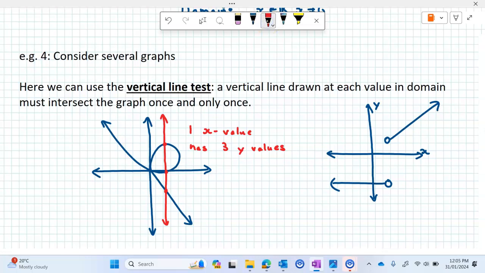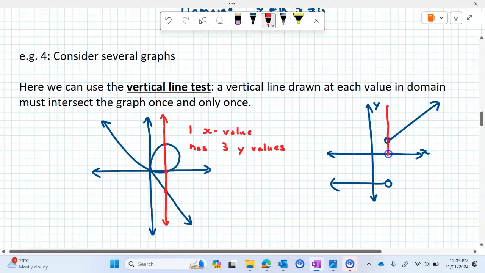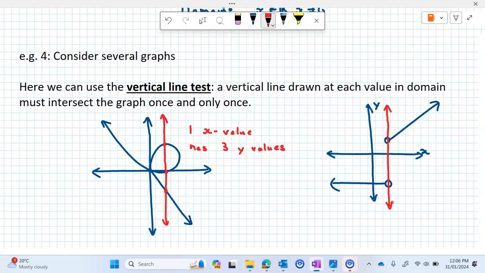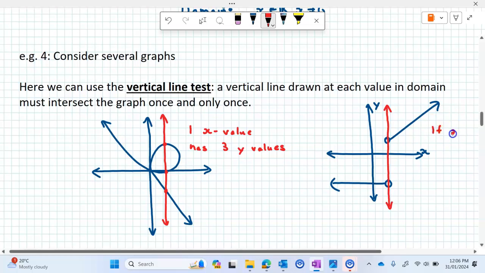If I draw a vertical line here, then that doesn't intersect the graph at all. And so if we were to take all of the x values as my domain, so if x is in all real numbers, then this is not a function, and that is because it does not intersect the graph at this point.